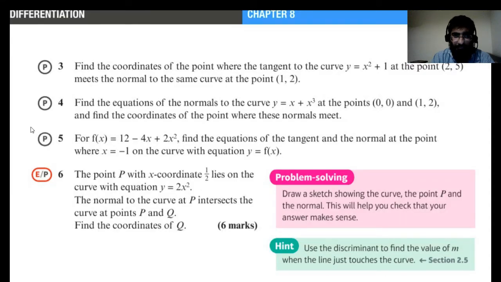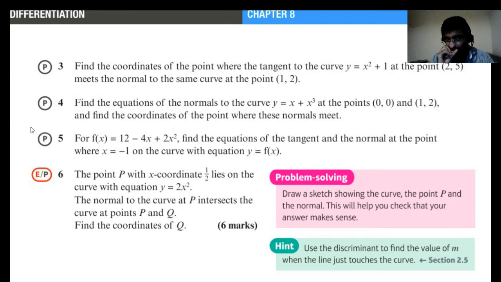Okay, fifth one. f of x is equal to 12 minus 4x plus 2x squared. Find the equation of tangent and normal at the point where x is equal to minus 1 on the curve with equation y is equal to f of x.